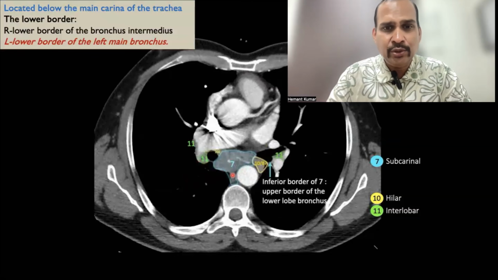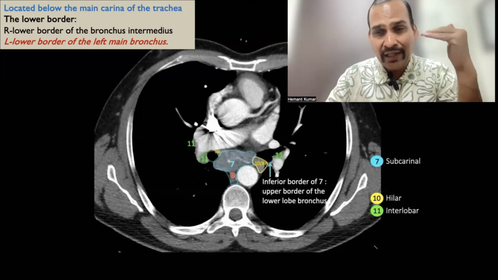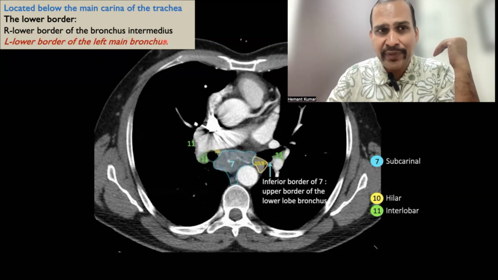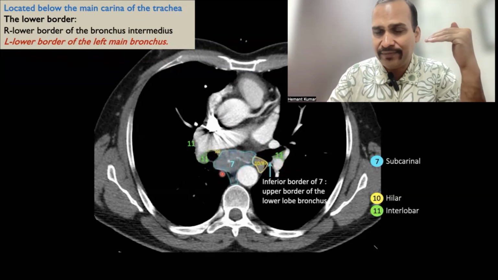Okay. So station 7 starts from carina and goes up to the right side lower border of bronchus intermedius, and on the left side the lower border of the left main bronchus. So if you see the left main bronchus, up to that the lymph node is station 7.